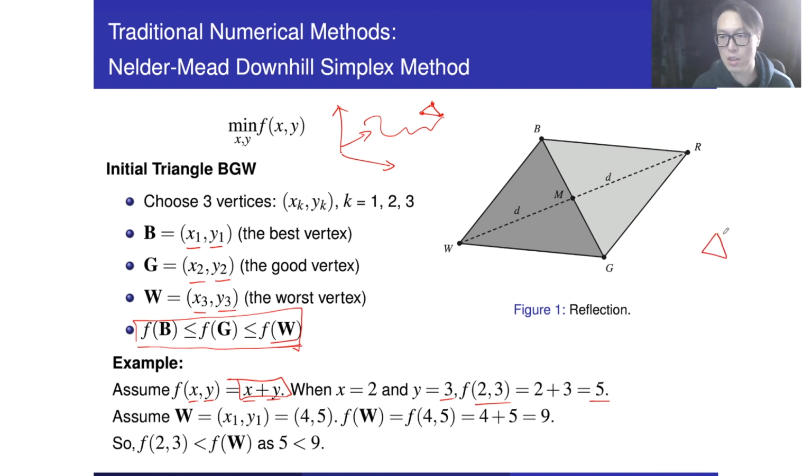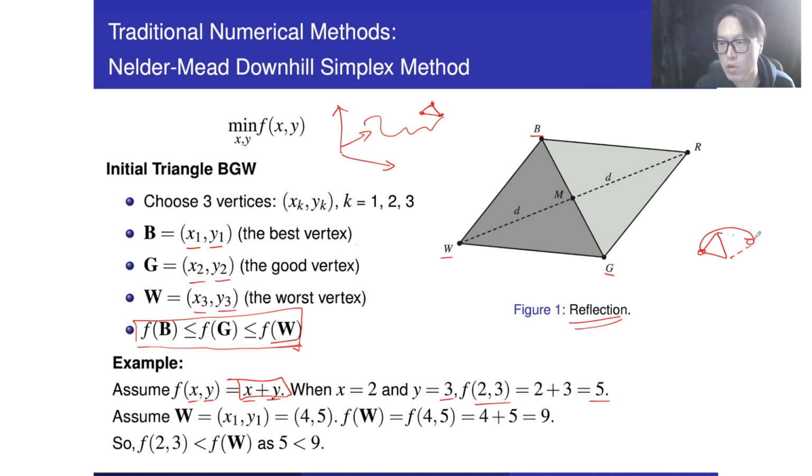Now, as I mentioned before, for the initial triangle we are going to do the flipping. Move this point to this point. So this is the flipping of this triangle. When you look at the dark gray triangle, that is the initial triangle, we have 3 points b, g, and w. It means that after the evaluation, we have already located these 3 points. The light gray triangle is the result after the flipping, and we call this action reflection.